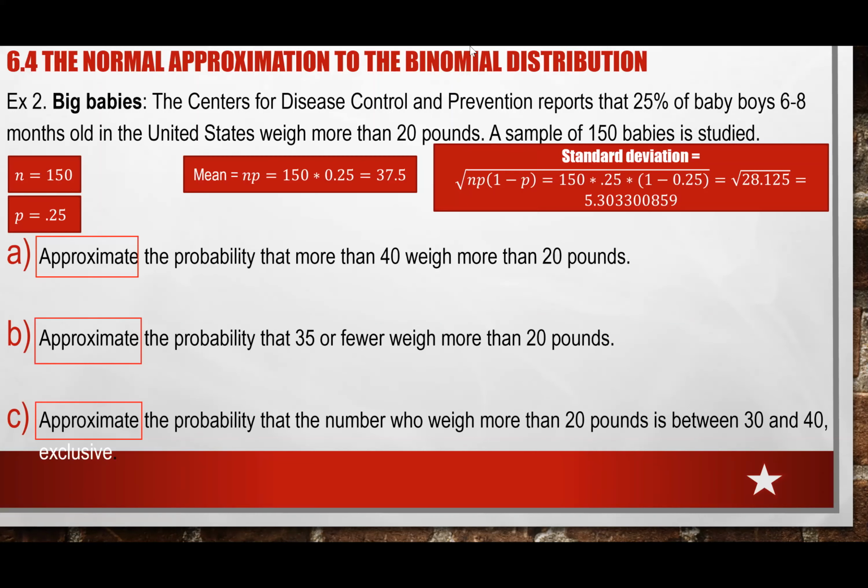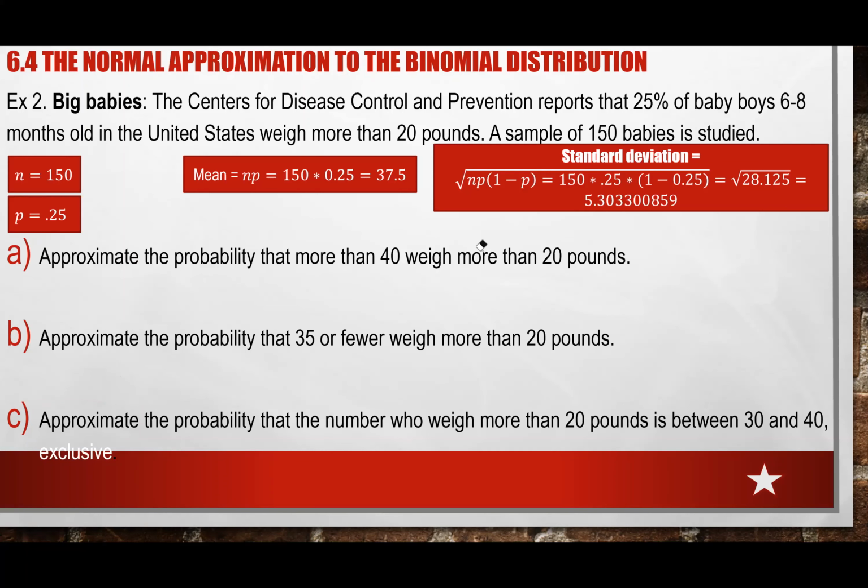Reminder, after this we need to find our adjusted endpoint, right? We need to correct our endpoint to estimate this, which is what I asked you guys to do: sketch your curve, sketch your endpoint, and ask yourself, which way do I shade it?